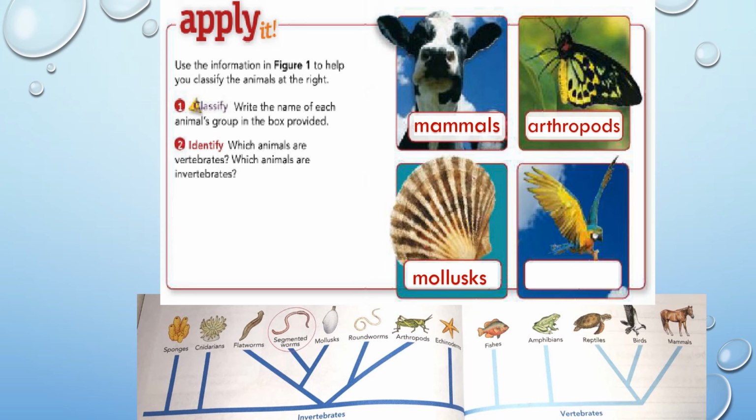Mollusks are going to be a double-shelled organism, and then birds have feathers and they are warm-blooded and they are able to fly. The mammals and birds, if we would look at their skeletons, they have a backbone, right? All of their appendages are going to connect to a nervous system that is inside of that backbone, where arthropods and mollusks, they don't have an internal skeleton, let alone a backbone.